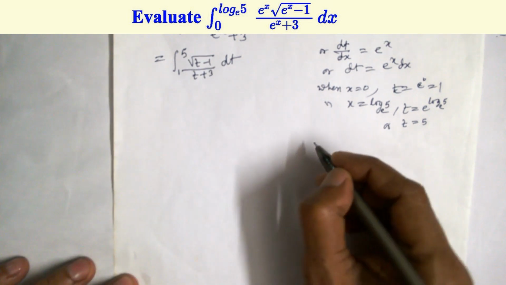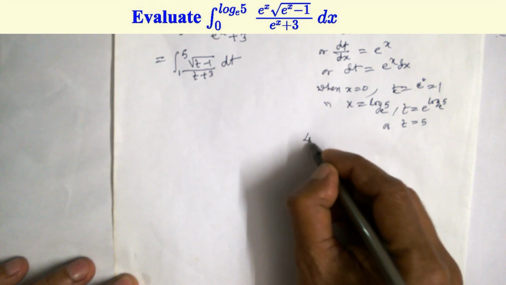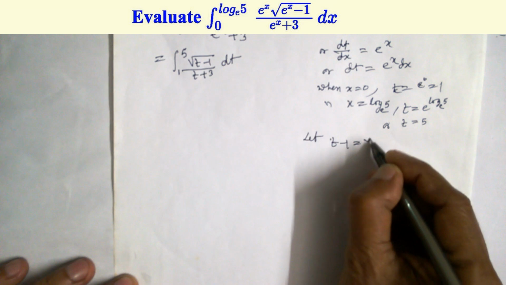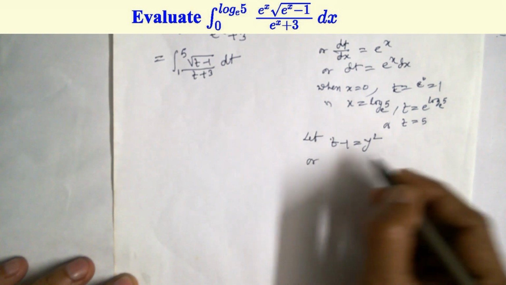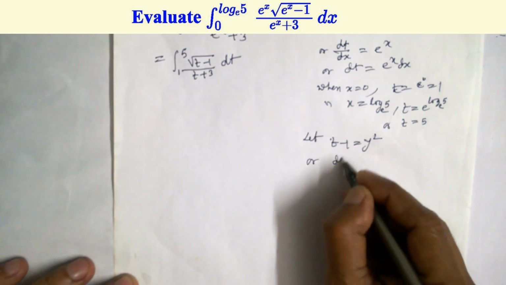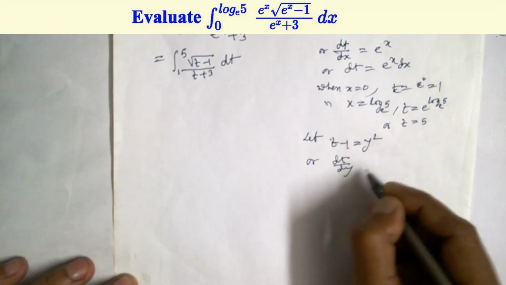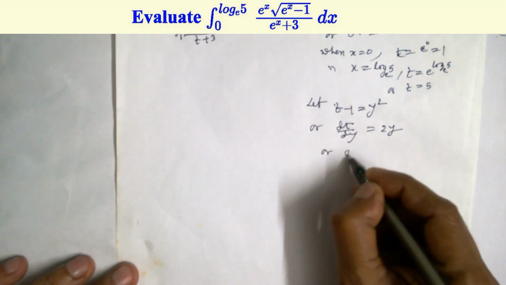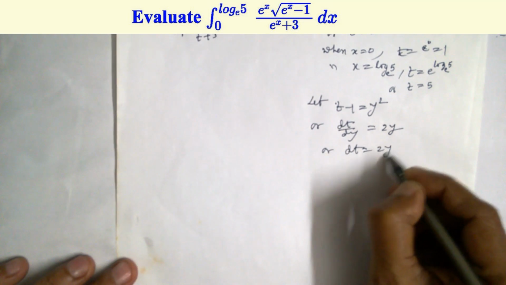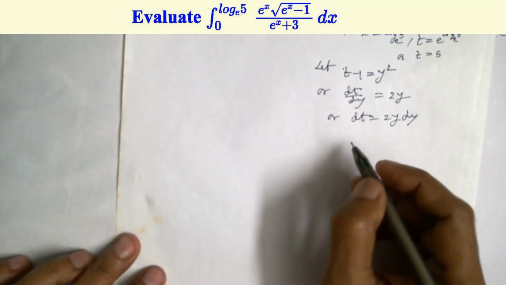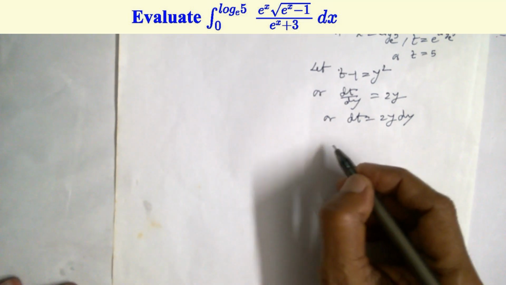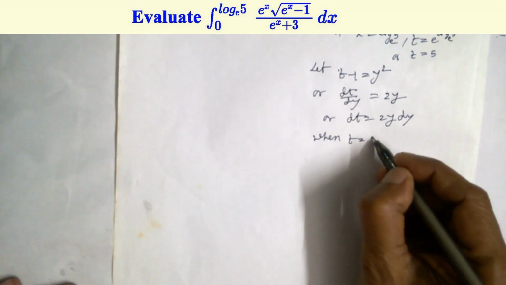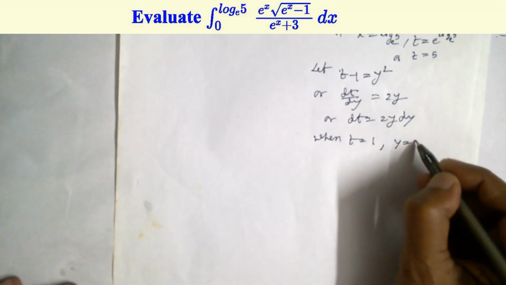To do that, again substitute, let t minus 1 is equal to y square. Differentiate this with respect to y: dt by dy is equal to 2y, or dt is equal to 2y dy. Now change the limits. When t is equal to 1, y is equal to 0.